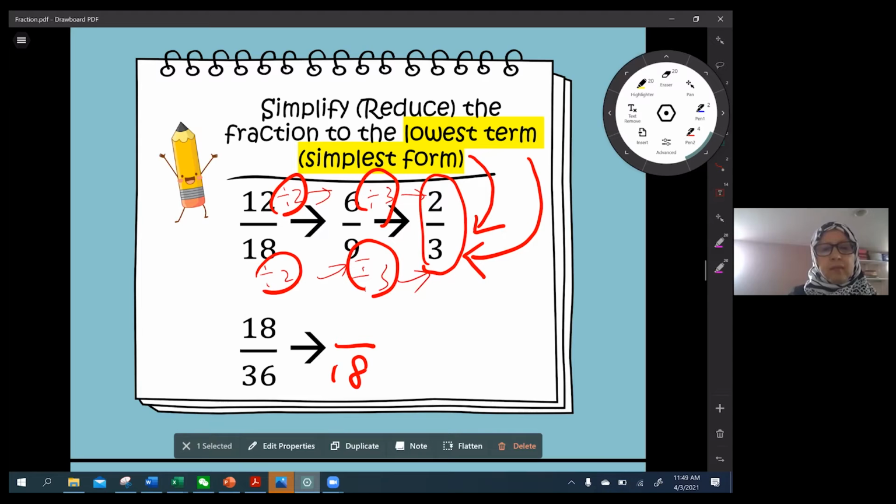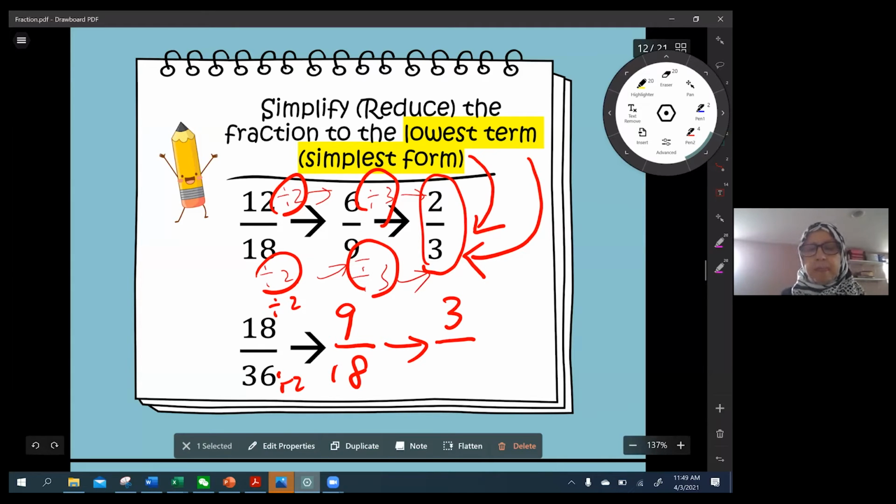Okay, can we do it further or is this it? No, we need to divide. So 9 gets to 3 because I'm going to divide it by 3, it's an odd number. And the 18, I'm going to divide it by 3. It's 6. It equals 1 out of 2.